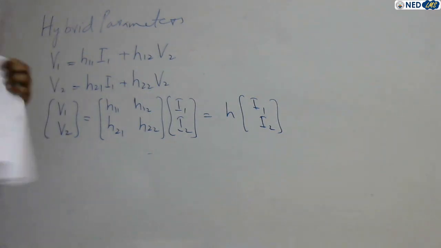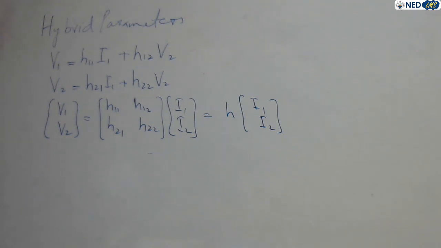The use of hybrid parameters is well suited to transistor circuits because these parameters are among the most convenient to measure experimentally for a transistor. For example, if we want to calculate the gain of the amplifier, the gain of the transistor, these parameters are helpful for calculating the gains, such as forward current gain, reverse voltage gain, and so on.